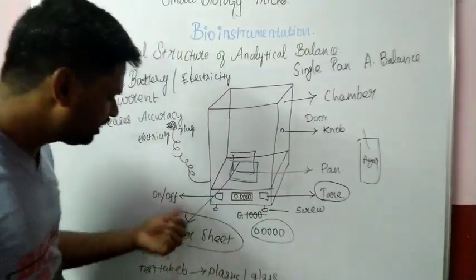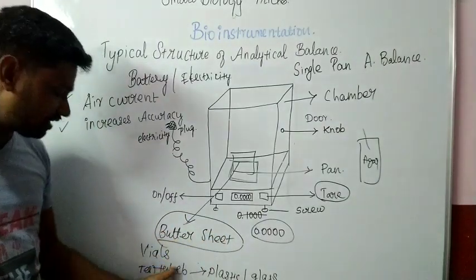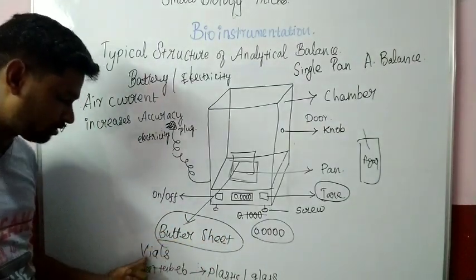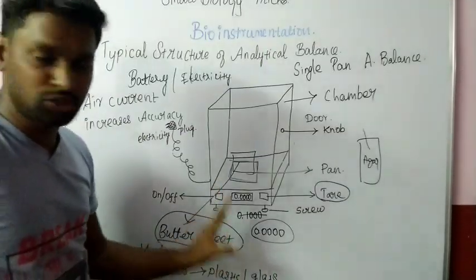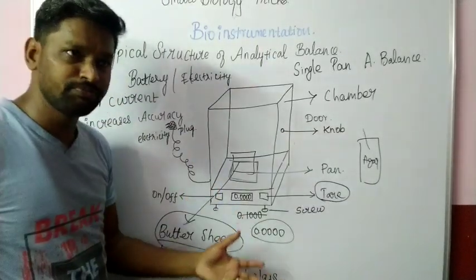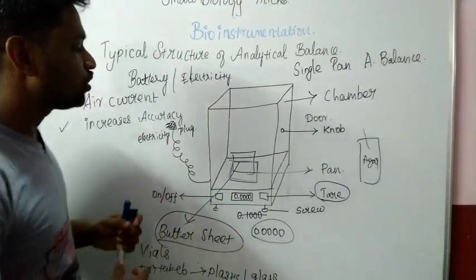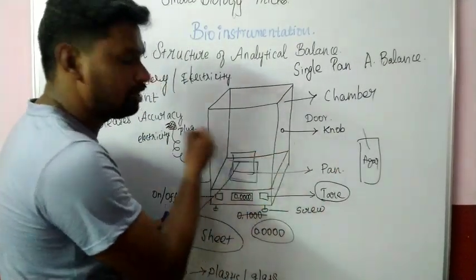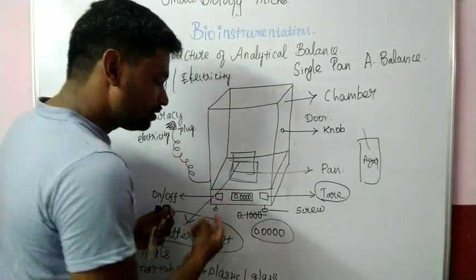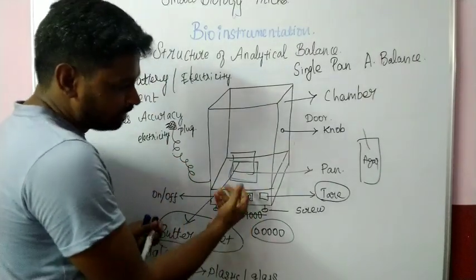We should use an object, either butter sheet or cryo vials or test tubes made with plastics or glass, for measuring your object. Okay. So after adding your chemical onto the butter sheet, the weight will increase, right?